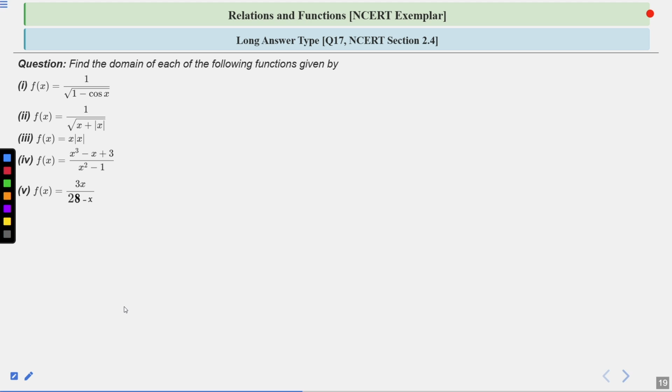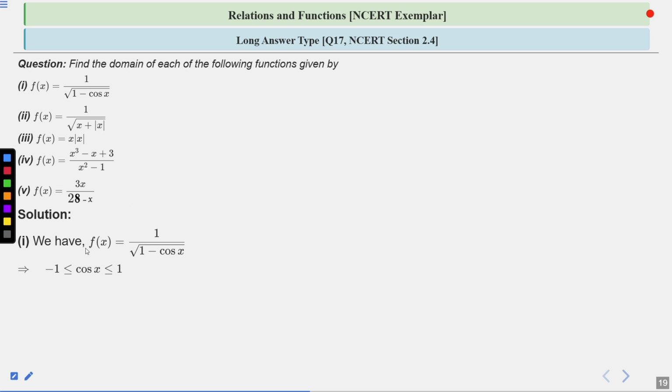So 5 functions are given to us and we have to find out the domain set. So recall, what is your domain? The collection of all inputs. Yes, the collection of all inputs will be your domain set. Solution. For first, f(x) is 1 by root 1 minus cos x.